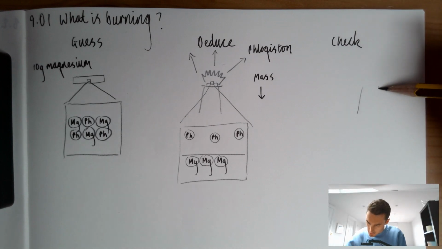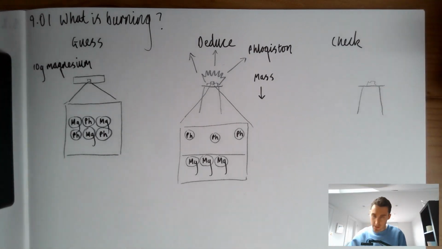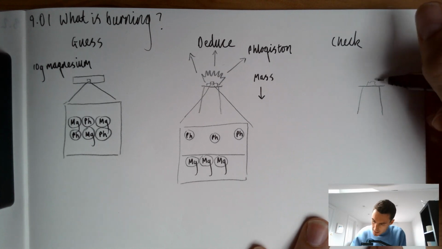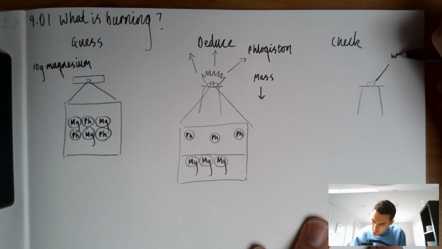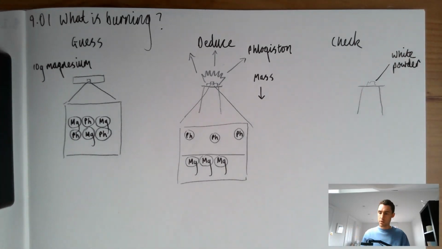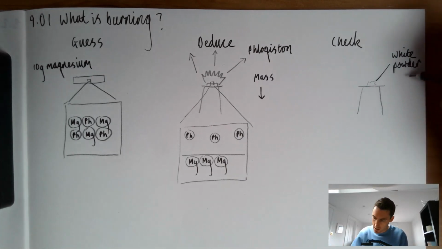Now what we can do then is check and say, well, okay, if you actually do this, and again, this is where a demo is quite good, but you might just want to do a kind of thought experiment at this stage and then do the experiment properly in a later lesson. But what we end up with is this kind of white powder here, kind of grey white powder. We don't need to tell them what that's called now, because we'll come to that part of the story later. But if you measure the mass, we can make up some numbers here.